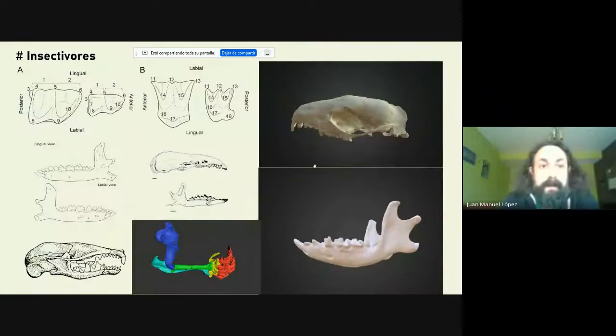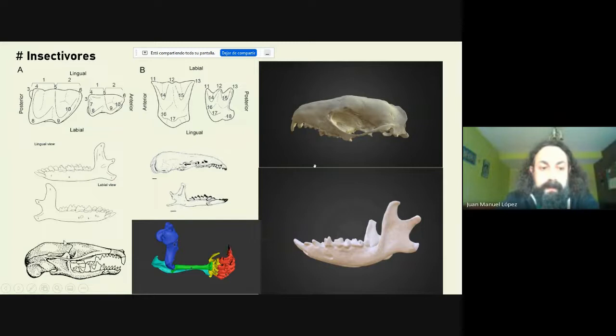Here are pictures where you can see the teeth, the lower molars of this kind of insectivore, also the upper molars, the morphology, mandibles, and a cranium.